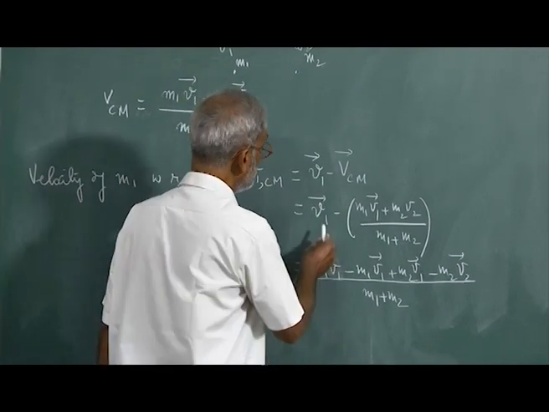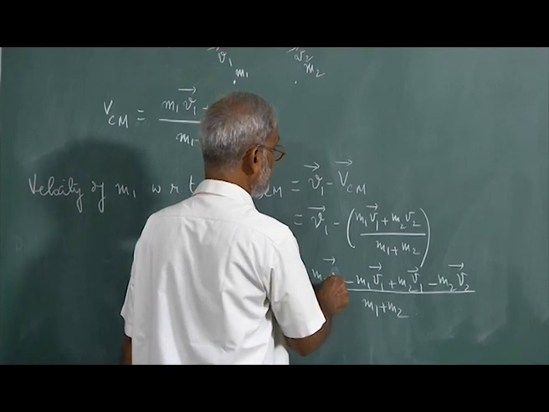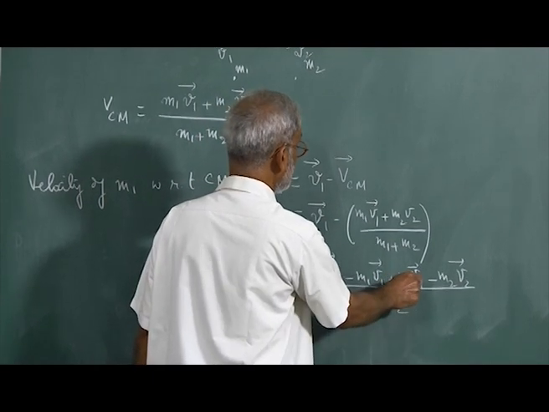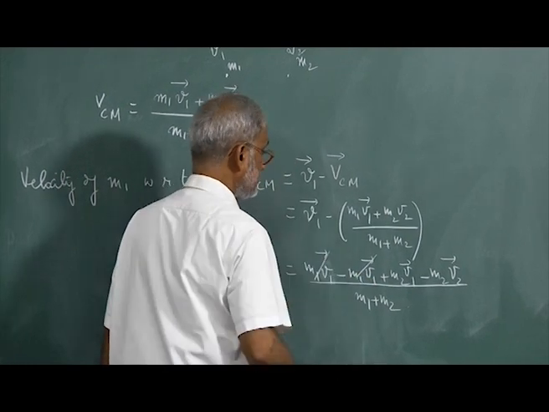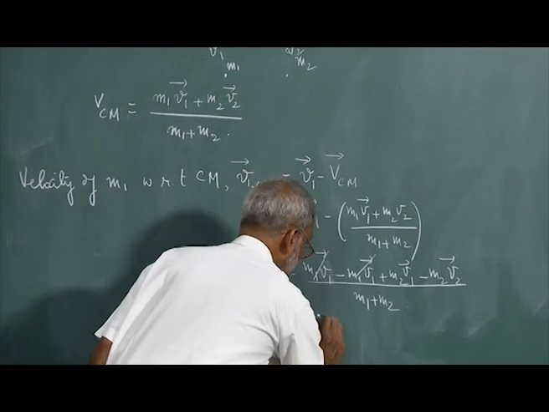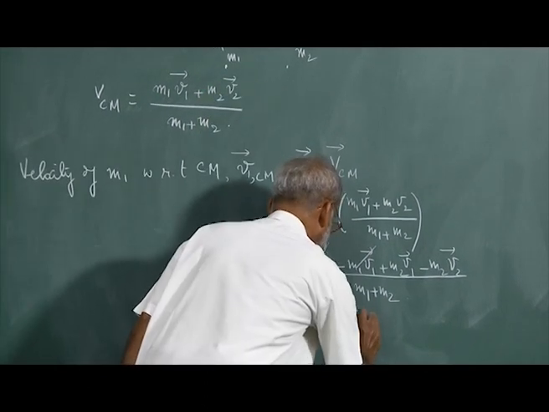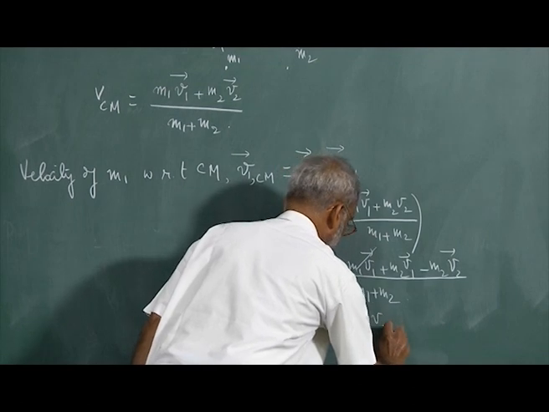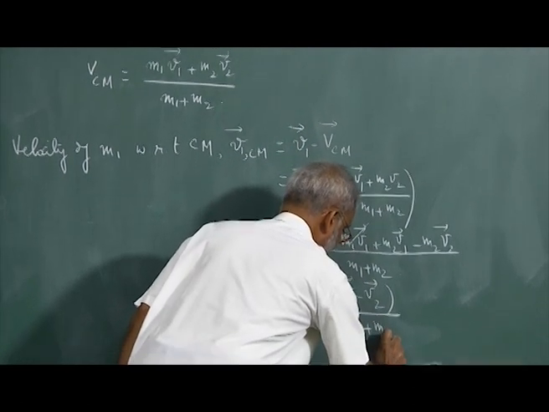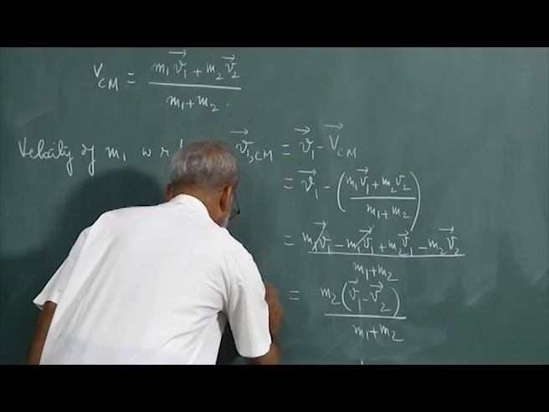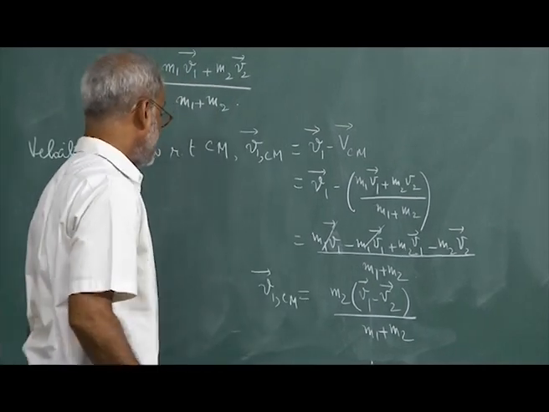What I have done is multiplied v1 by m1 plus m2, that is m1 v1 plus m2 v1, and these two terms I will write as they are. So, these two terms will get cancelled, I will have m2 into v1 minus v2 by m1 plus m2. This is the velocity of the first particle relative to the center of mass.